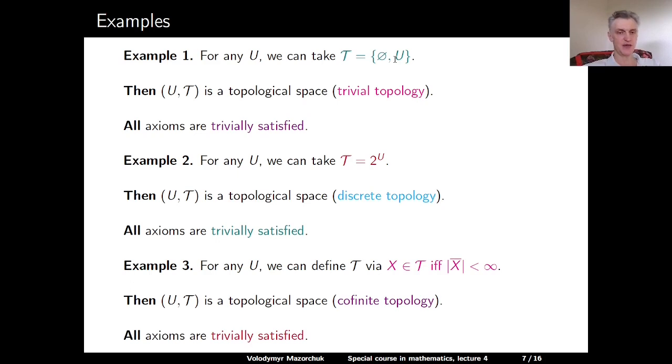By definition, the empty set and U belong to this topology. It is closed with respect to finite intersections, because when you take finite intersections, for the complement you take finite unions, and finite unions of finite sets are finite. And it is closed under arbitrary unions, because when we take arbitrary unions, for the complement we take arbitrary intersections, and arbitrary intersections of finite sets are finite.